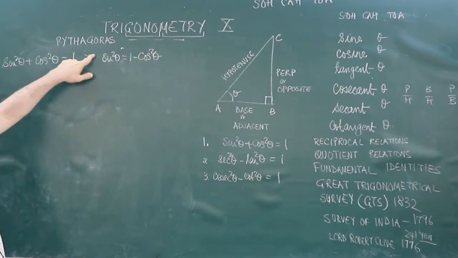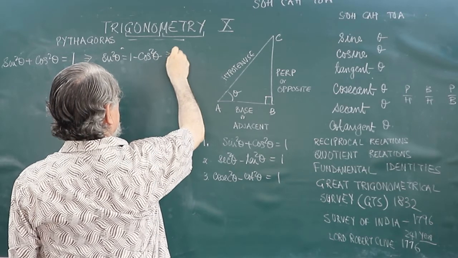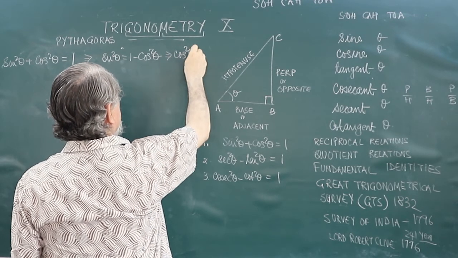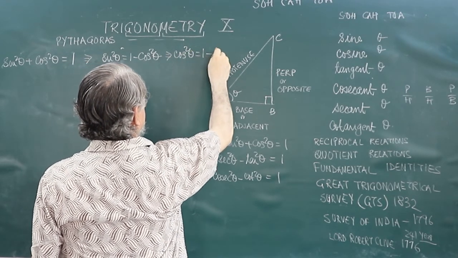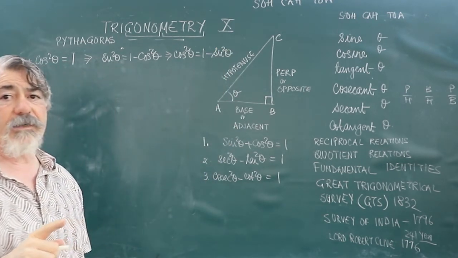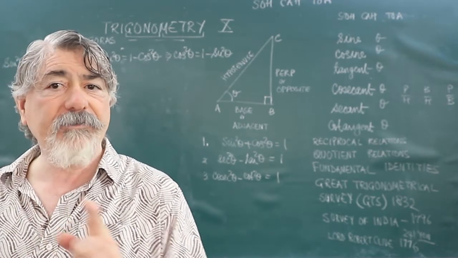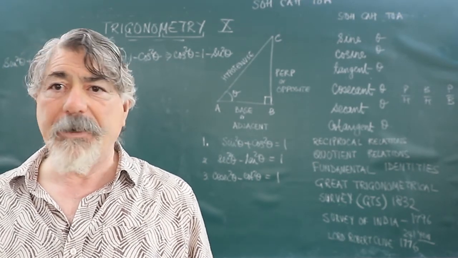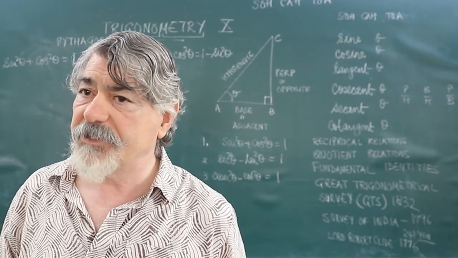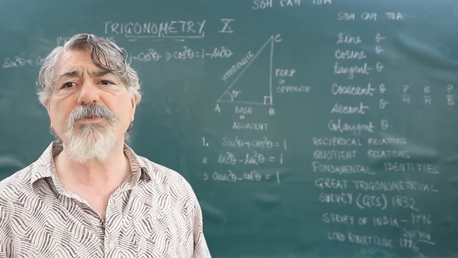I shifted cos square theta to that side. Or if I want cos square theta, then cos square theta is equal to 1 minus sin square theta. So from one identity, I have three relations, depending upon the subject of the formula, which depends on the question.